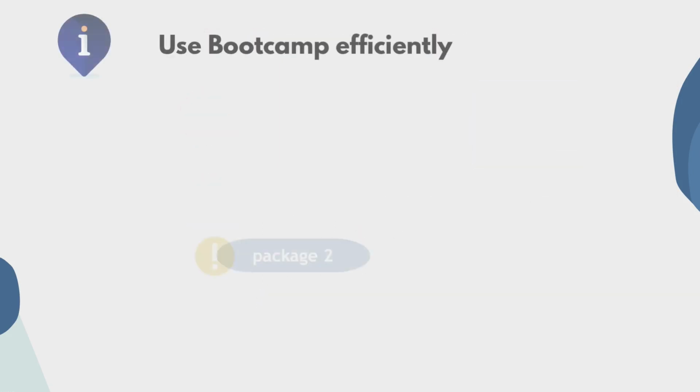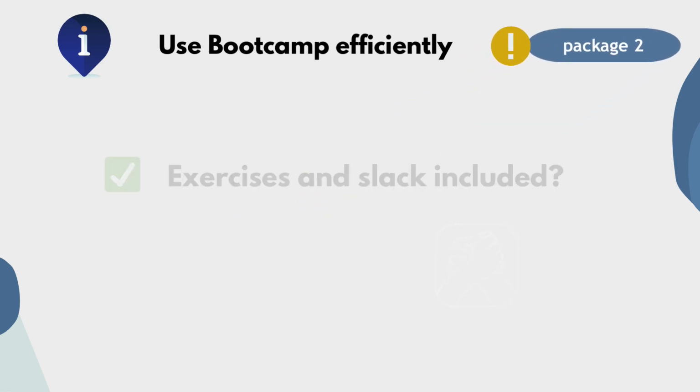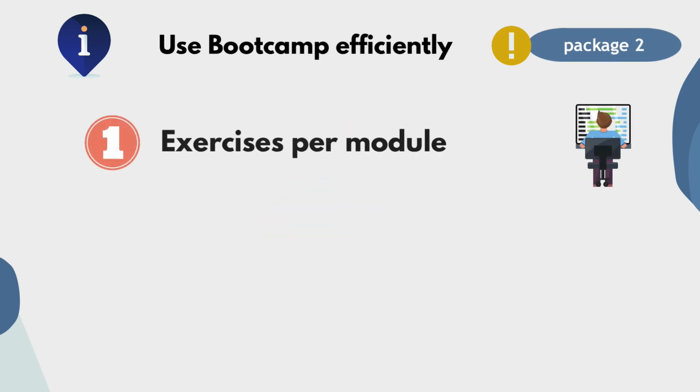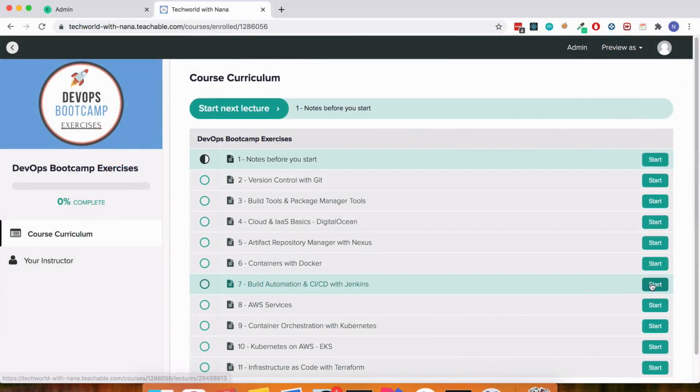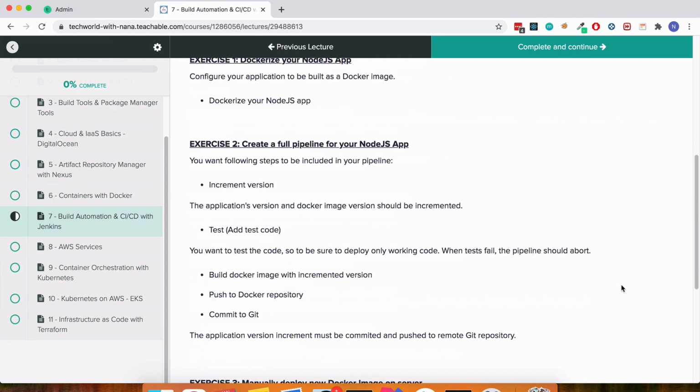Now, if you have exercises, support, and Slack community included in your package, then you have 3 additional things to accelerate your learning. First, when you're done with the module, you get a list of exercises for that module you can work through to get even more hands-on practice with the technology.